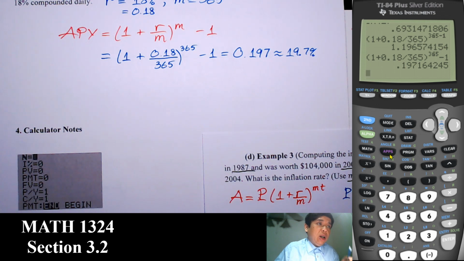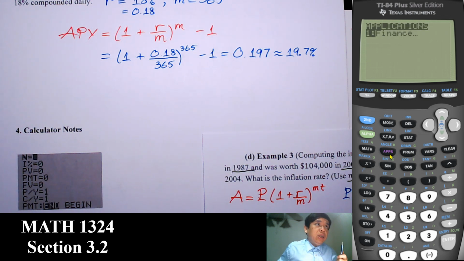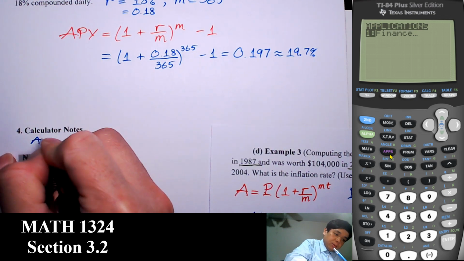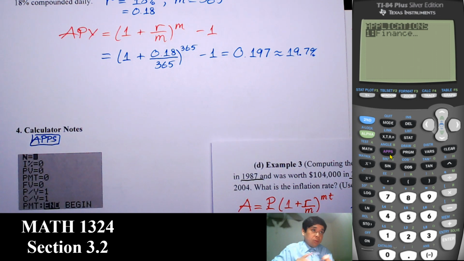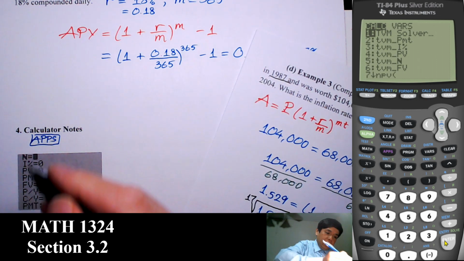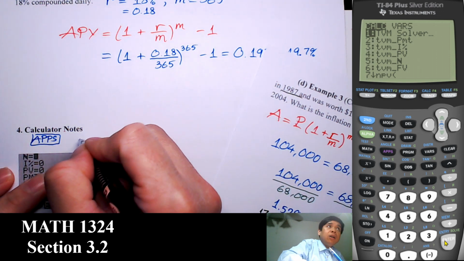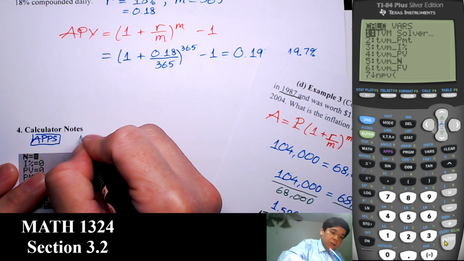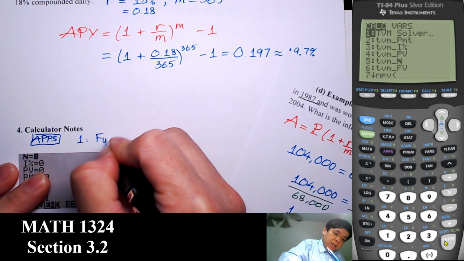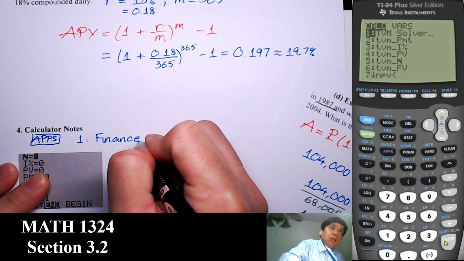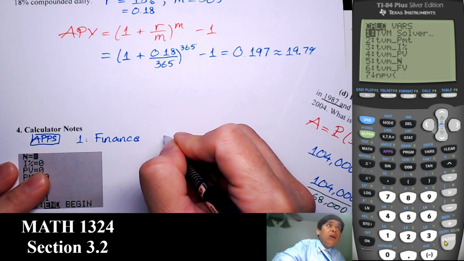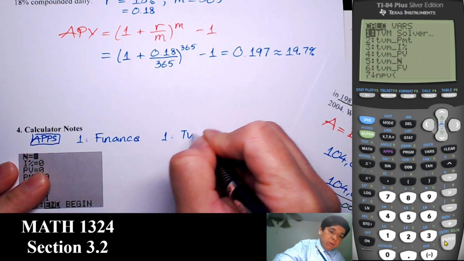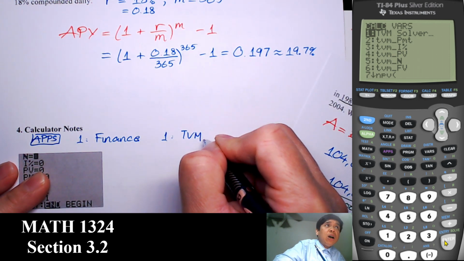On this TI-84 calculator, we need Apps, and we go to Finance, use the Finance app, and then we go to TVM Solver. So pretty much we hit enter a few times.